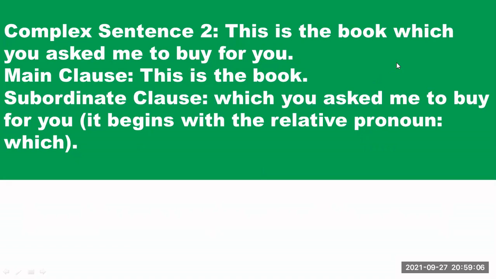We can't say which you asked me to buy for you, this is the book. No. So we can't change this structure just as we did the other one. All we need to note here is that we have a main clause in the first place. This is the book, the main clause. All right. Which you asked me to buy for you, subordinate clause. And that's what we have here. Main clause, this is the book.